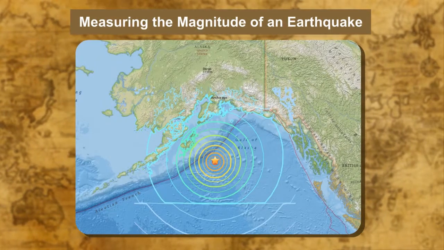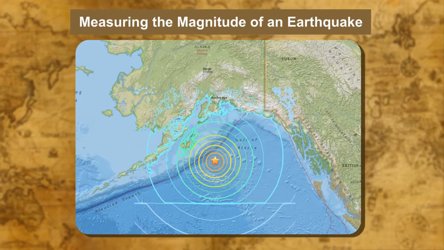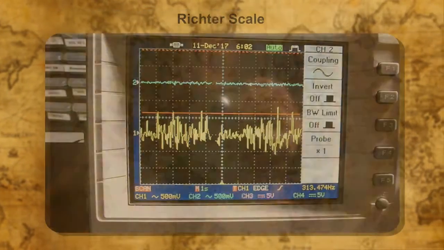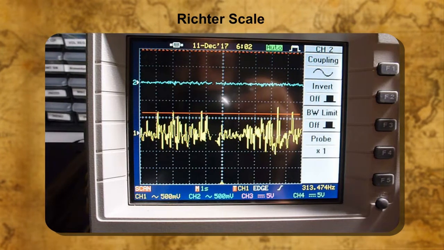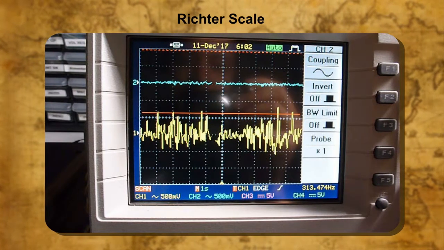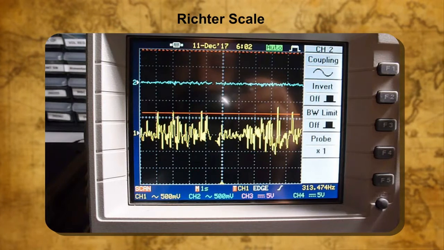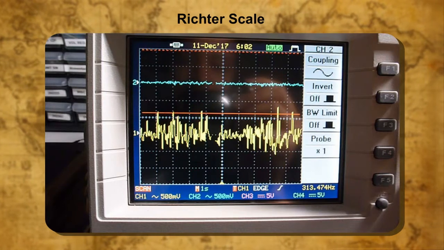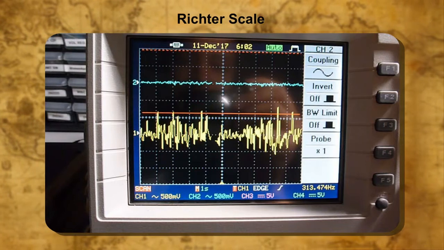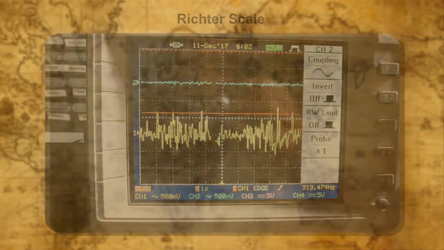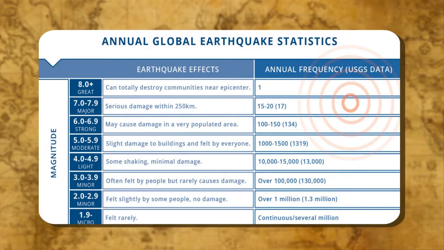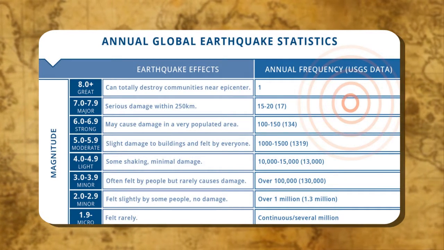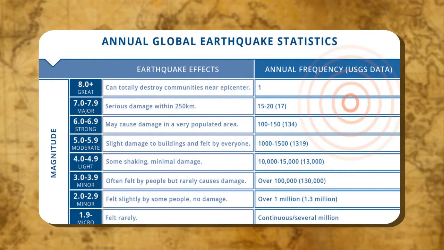Measuring the magnitude of an earthquake: the magnitude or intensity of the energy released by an earthquake is measured on a Richter scale, invented by Charles F. Richter in 1935. The number indicating magnitude on the Richter scale ranges between 0 and 9. An earthquake that measures 6 or above on the Richter scale is considered destructive for life and property.